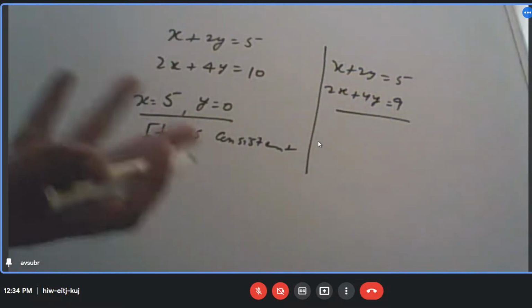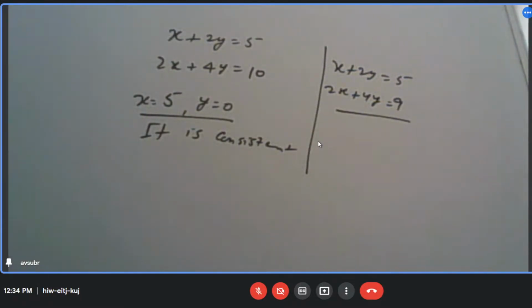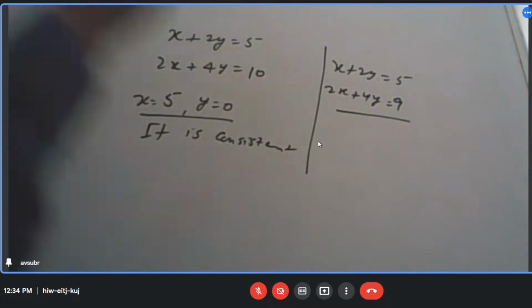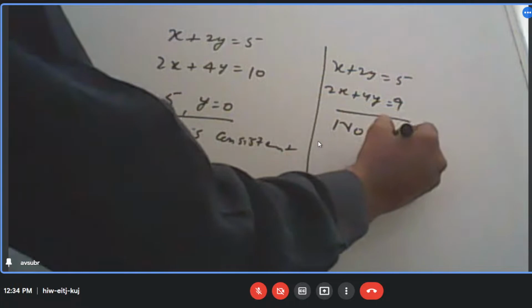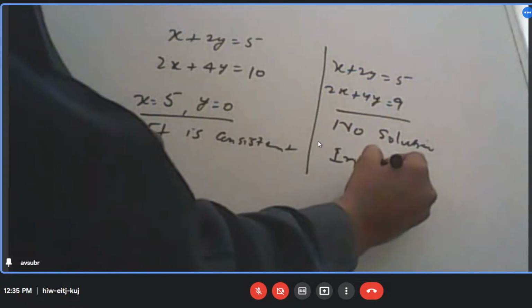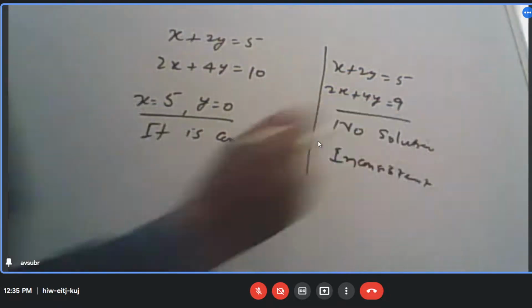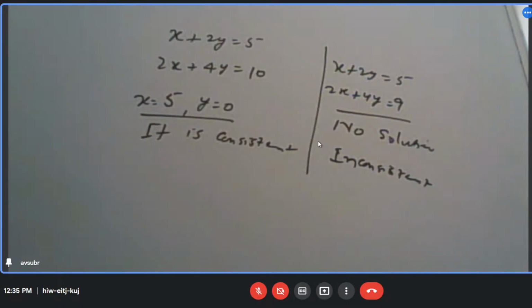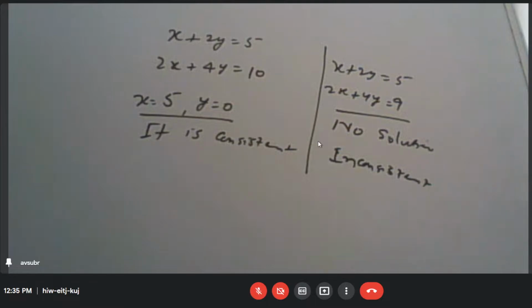If it is not, obviously it is not going to be a consistent solution. It has no solution, in fact. Therefore the system is inconsistent. Has everybody understood this? Yes, sir. All right.